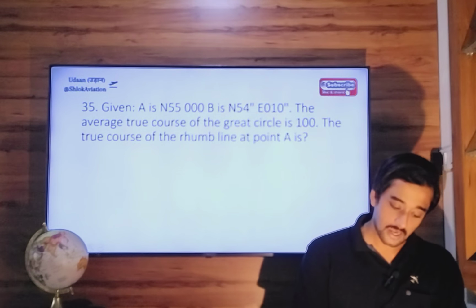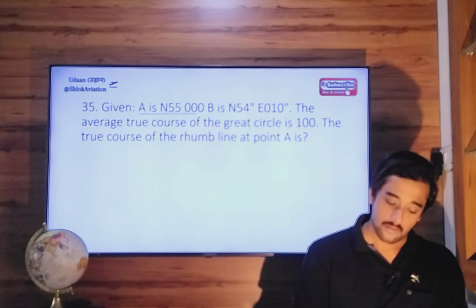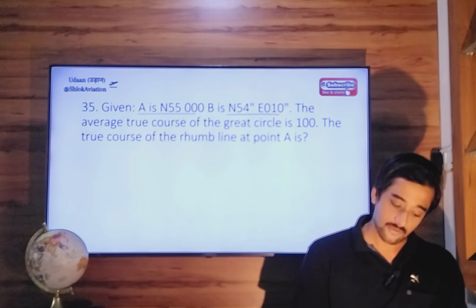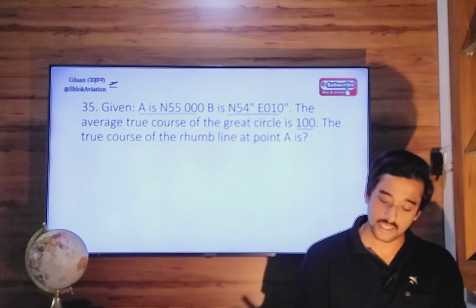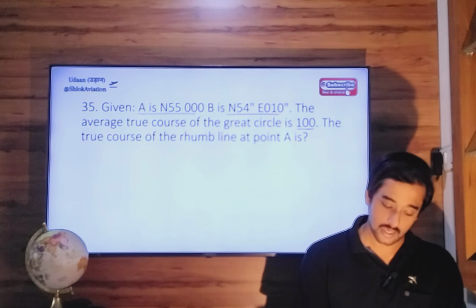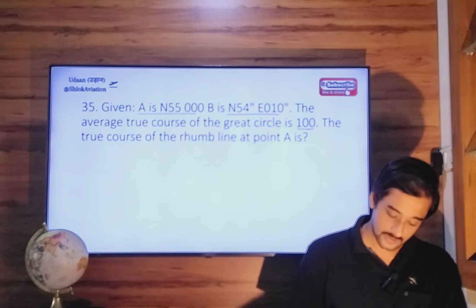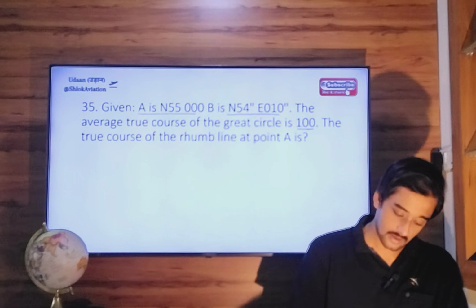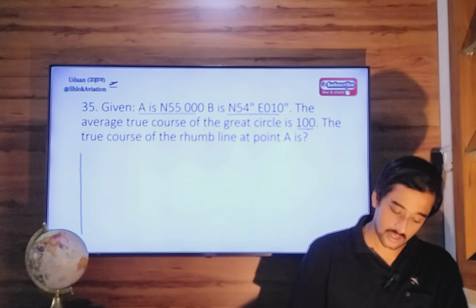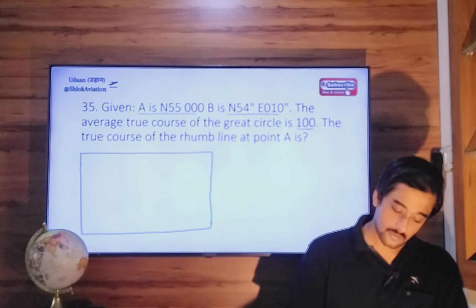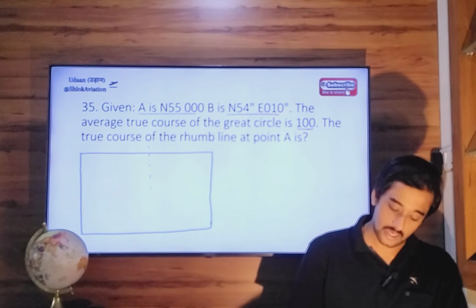next. Alpha is 55 degree north, Bravo is 54 degree north, 10 degree east. Average true course of the great circle is 100. The true course of the rhumb line at point A is what? Let's see. Let's consider this. This is your earth. This is the prime meridian 0 degree.